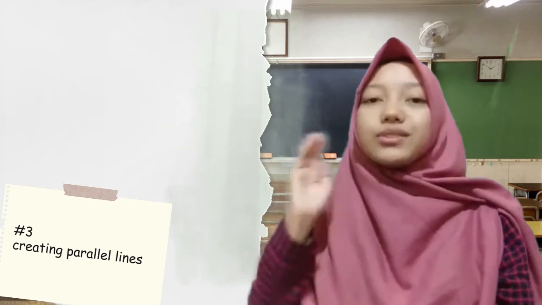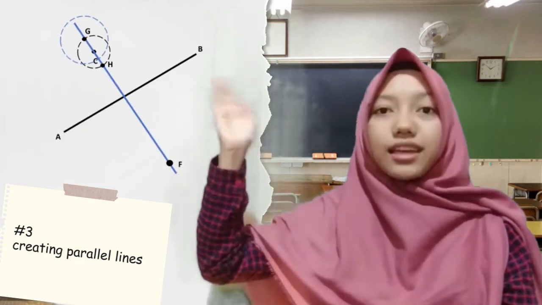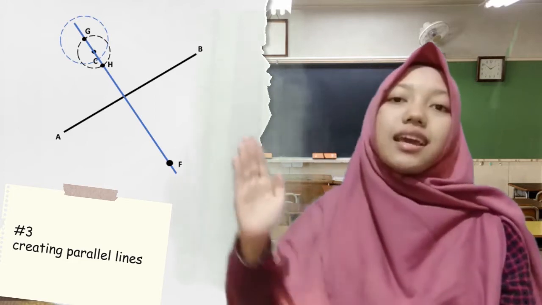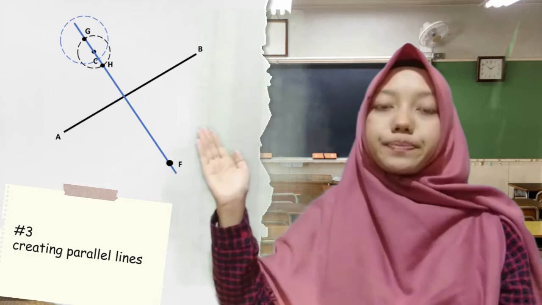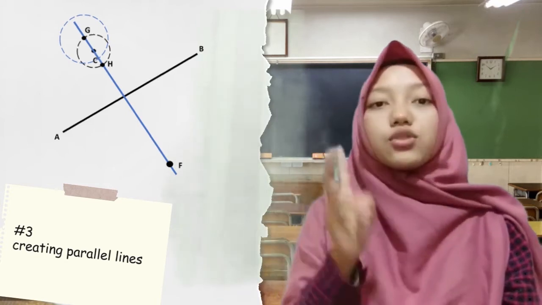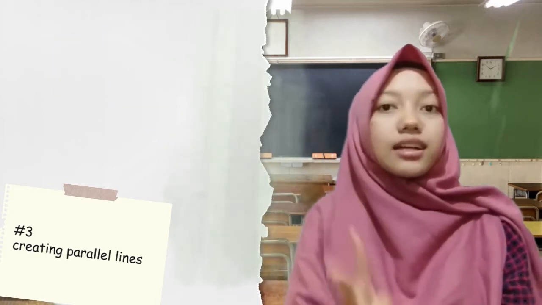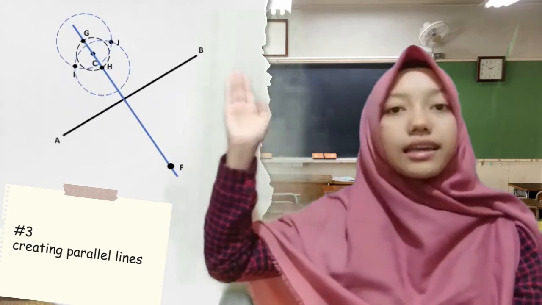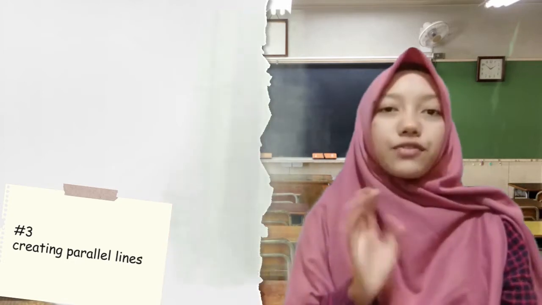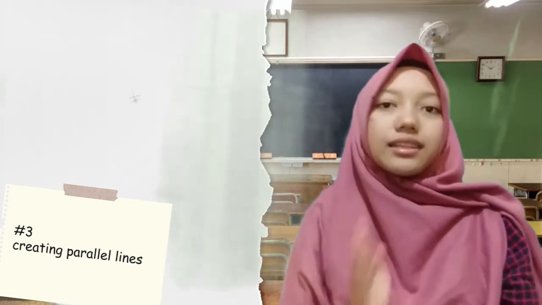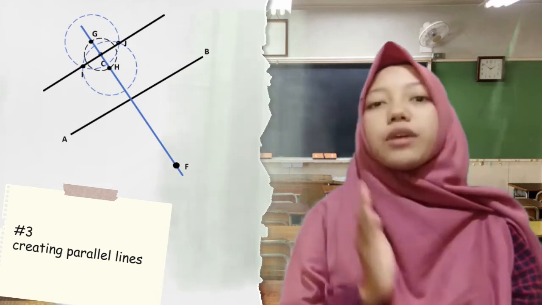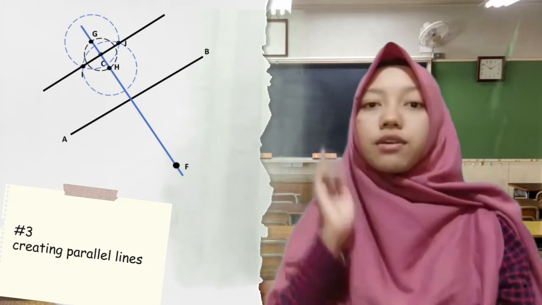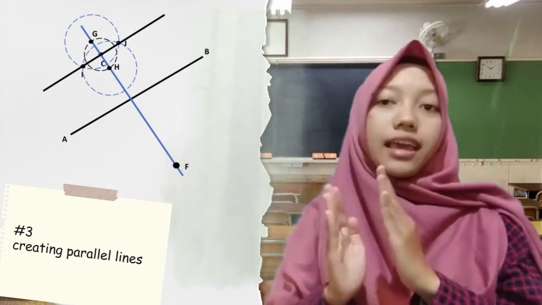Number 3, draw another circle with point H as the center and the same radius as the circle at G. Number 4, these two identical circles will intersect at two points, namely point I and point J. Number 5, connect these points, and line IJ will be obtained. It is perpendicular to CF, and therefore parallel to line AB.